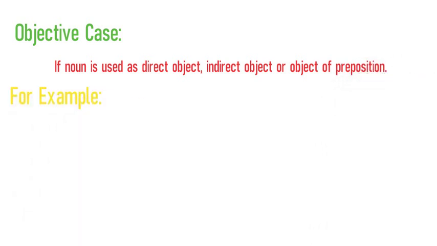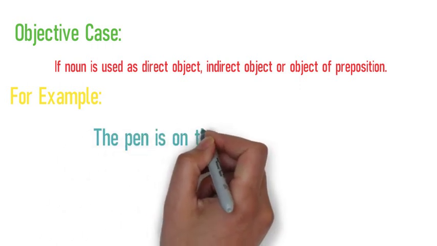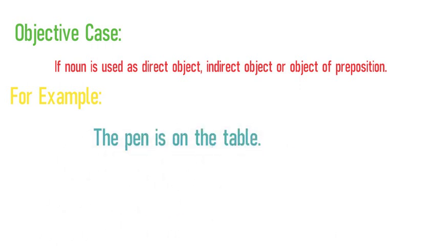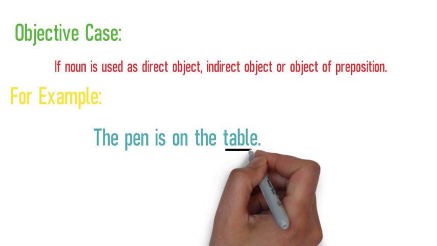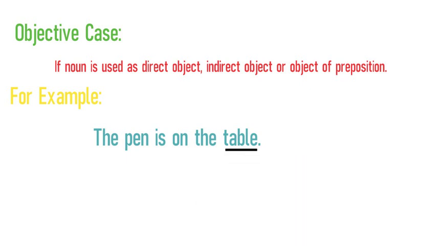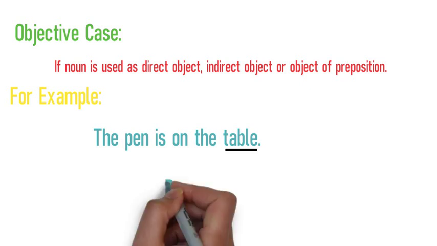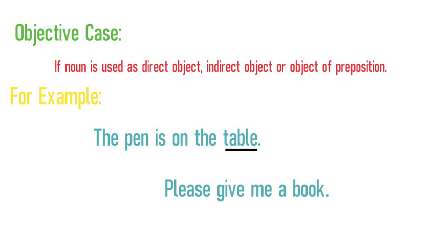For example, the pen is on the table. In this sentence, table is an objective case because it is used as an object. Please give me a book. In this sentence, book is an objective case because it is used as an object.